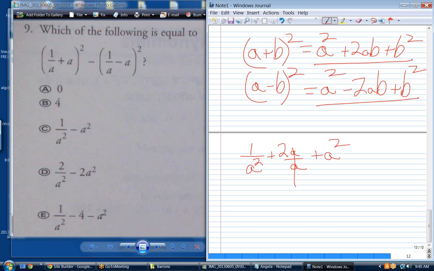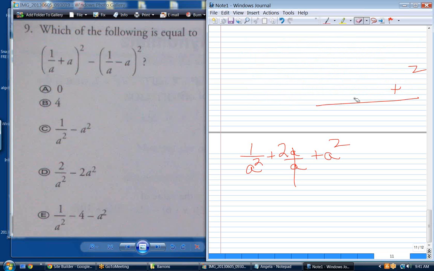You would quickly realize you're going to get 2 minus 2. So you'd still come up with 4. But I do think that they did intend the shortcut here to have you recognize that this is just an x plus y squared minus an x minus y squared. It's just the x is 1 over a and the y is a.